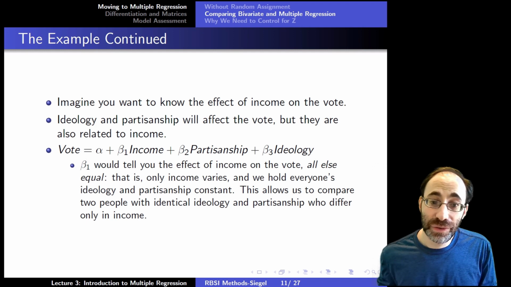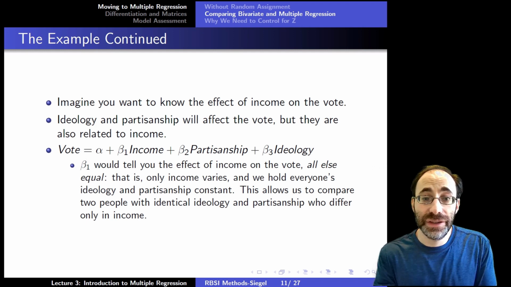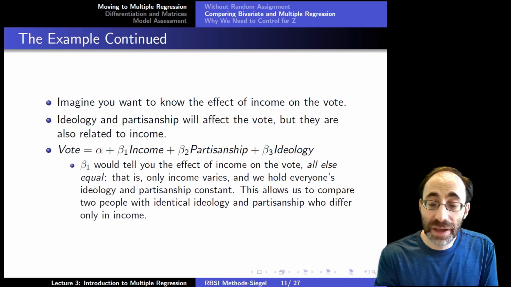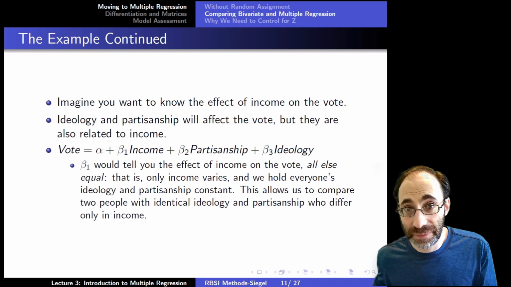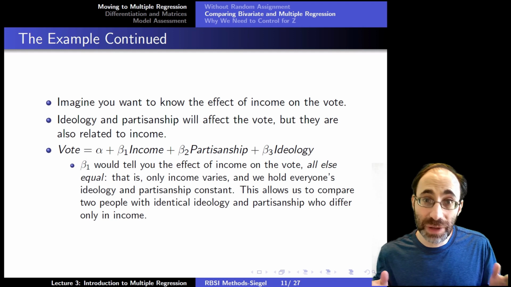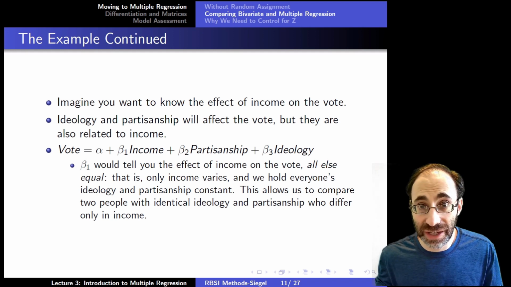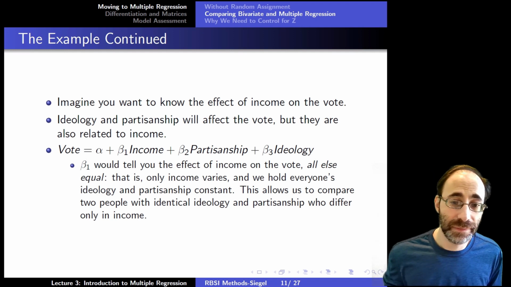Beta 1 here, though, will tell you the effect of income on the vote, all else equal. That is, it'll tell you the effect of income on vote in which only income varies and we hold ideology and partisanship constant. What that does substantively is it allows us to compare two people with identical ideology and partisanship who differ only in income.